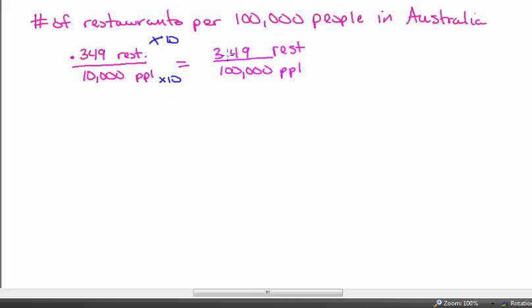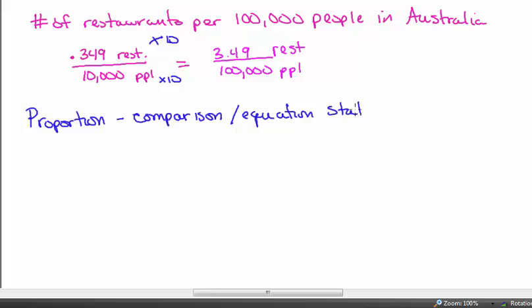Now, these two ratios are equal to each other, and so they make up a proportion. A proportion is a comparison or equation stating that two ratios are equal.